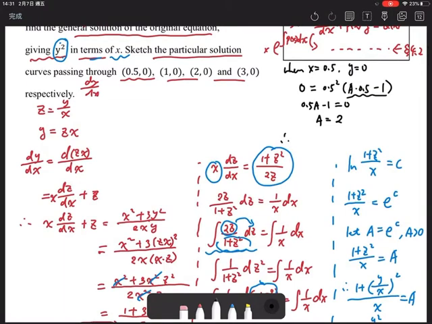So the specific solution will be y squared equals x squared times 2x minus 1.